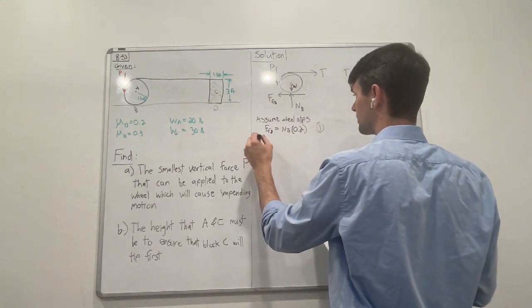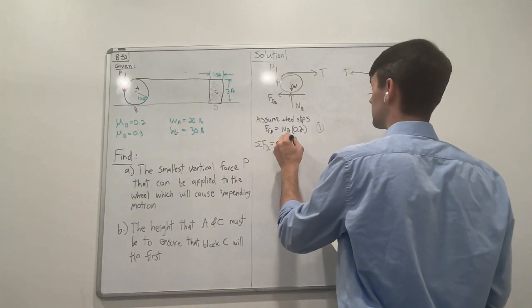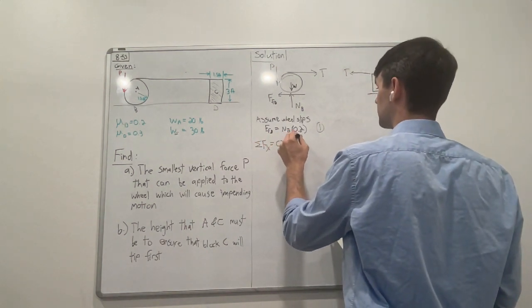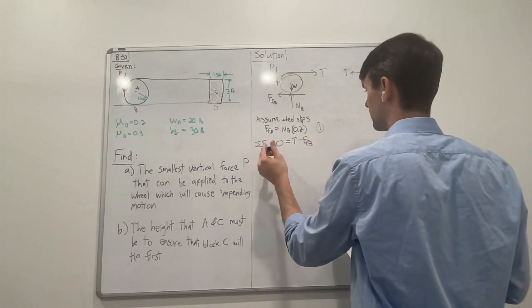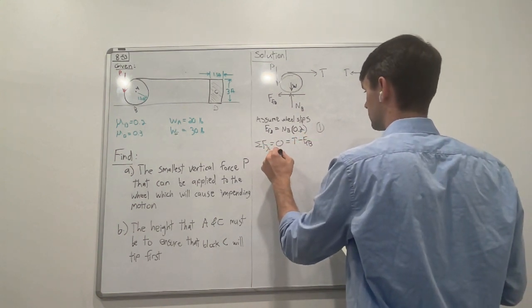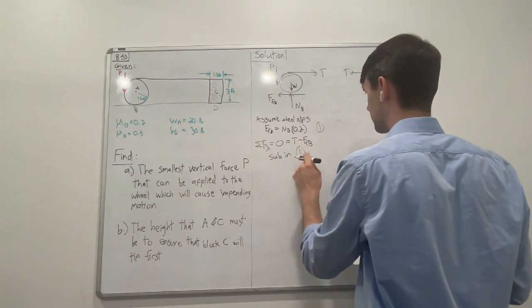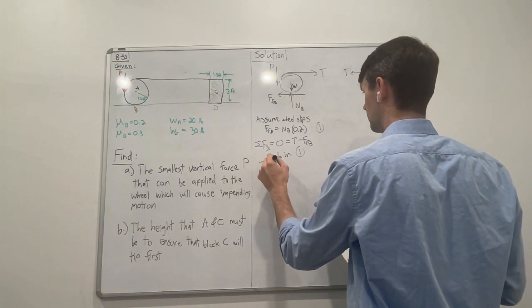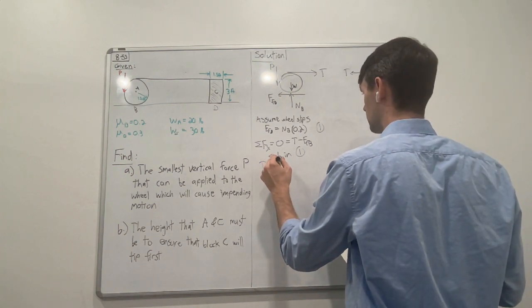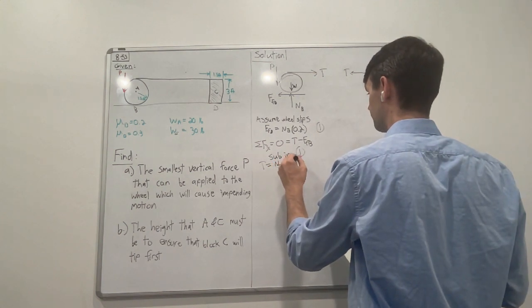Let's start with the easiest one, the sum of forces in X, which tells me I have positive tension minus friction force. And if I sub in my first relationship there, I get that tension is also going to equal NB times 0.2.